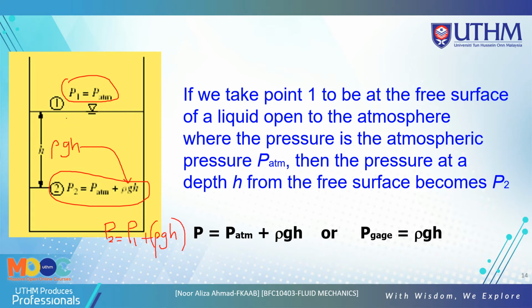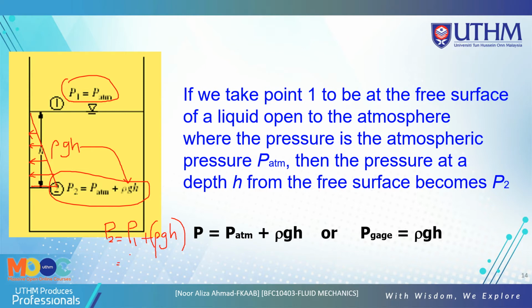Refer to the pressure with that depth; the figure is like the previous slide. So the pressure at this H gives P2 equals P1 plus rho g h.